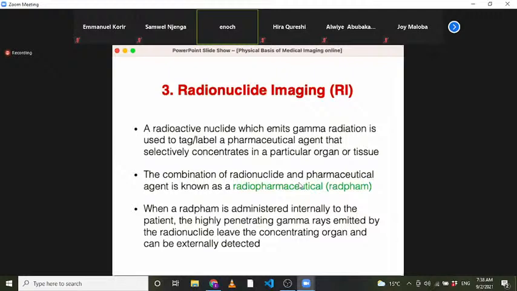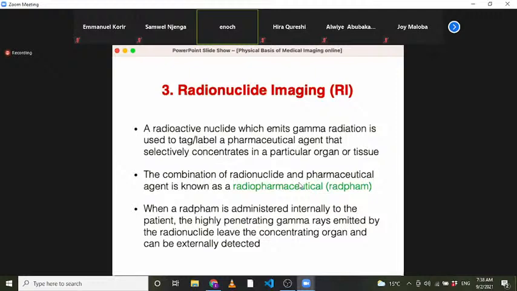The gamma rays are detected, and dependent on the part that has high concentration, it forms a hot spot within the image. So it tells you there has been selective concentration, and one can tell whether the organ is working normally.